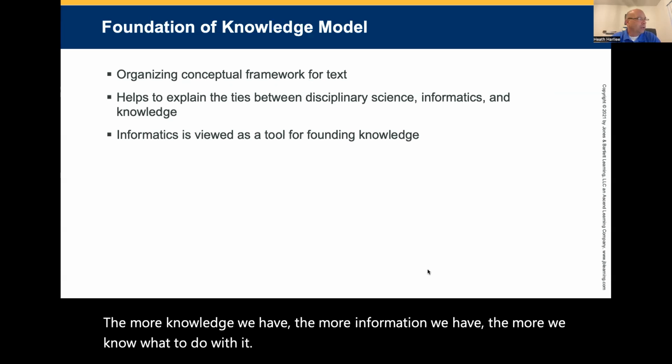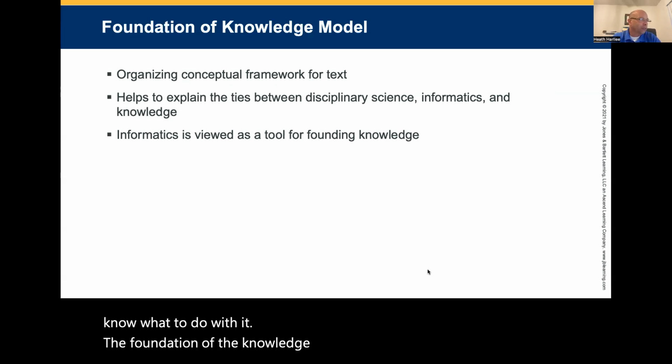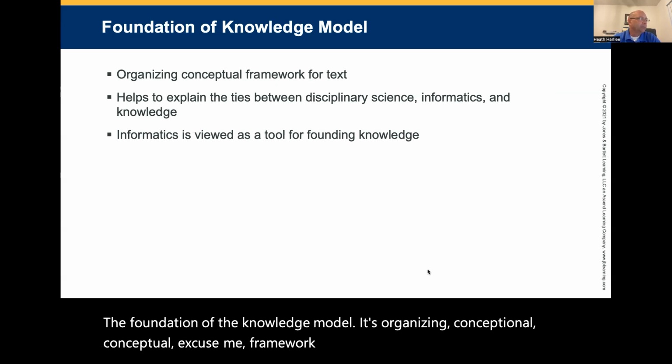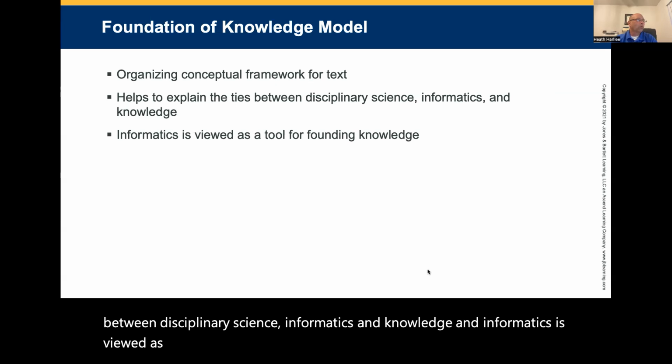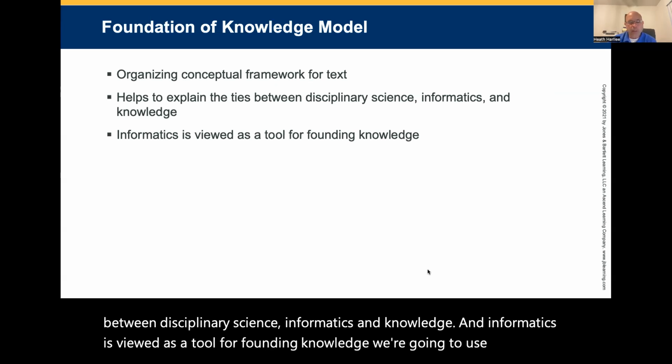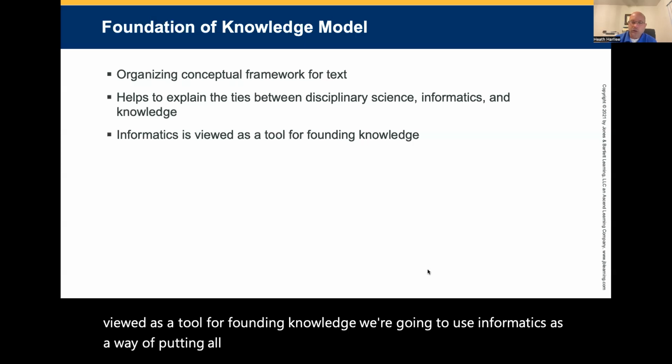The foundation of the knowledge model is an organizing conceptual framework for text. It helps to explain the ties between disciplinary science, informatics, and knowledge. And informatics is viewed as a tool for founding knowledge. We're going to use informatics as a way of putting all our information, all our knowledge together.